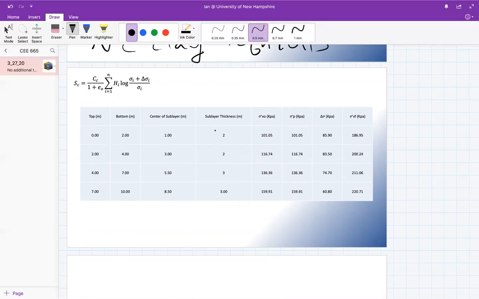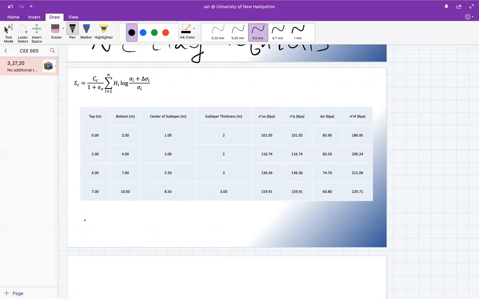Sublayer thickness is 2 meters, and I'll explain a little bit more of how we are going to get these values. And then we keep breaking it up for each layer. So for this first sublayer, I'm going to go through some of the calculations.